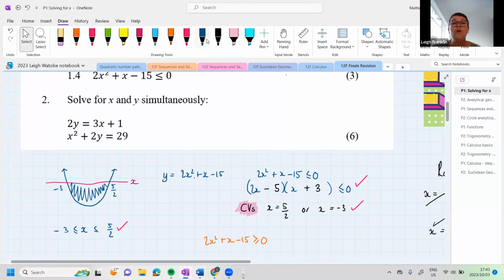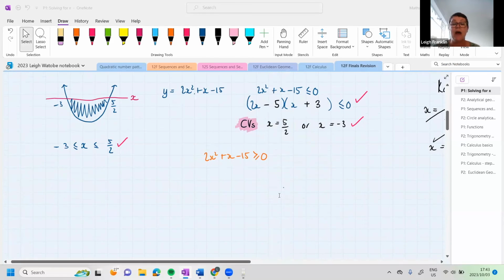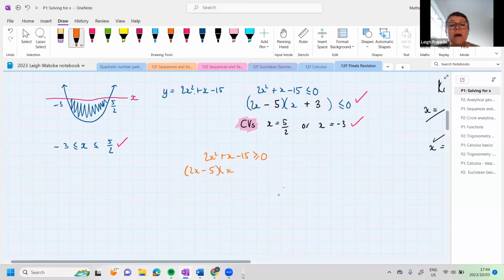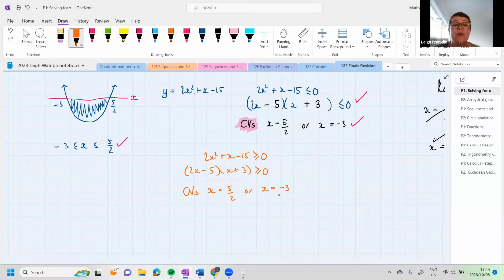You would follow exactly the same first steps: factorizing to get your critical values. So we already know that our factors are 2x minus 5 times x plus 3 is greater than or equal to 0. And we also already know that our critical values are when x is equal to 5/2 or when x is equal to -3.